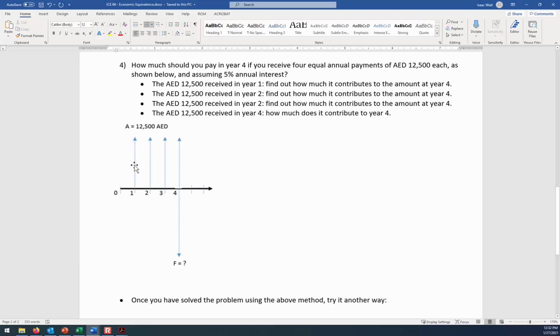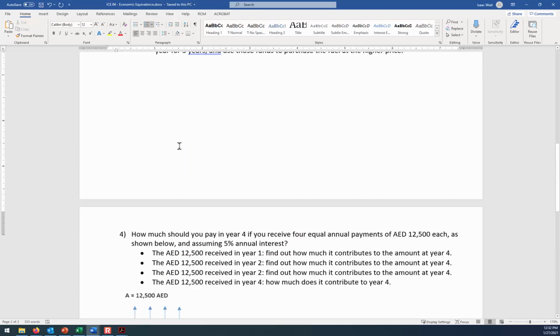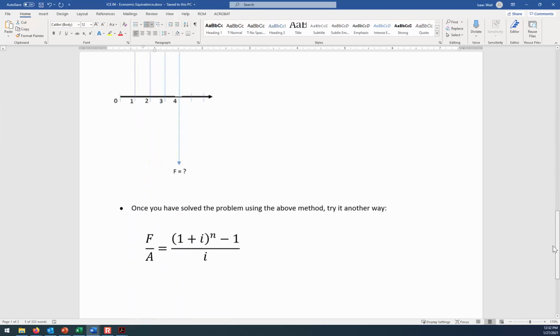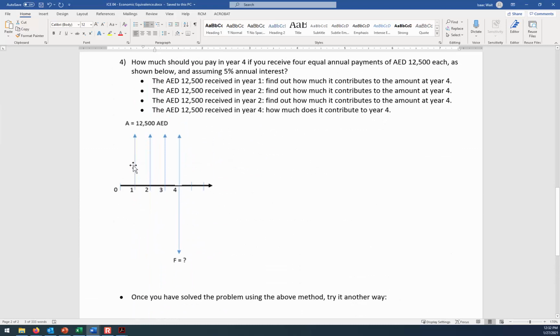So this amount in year 1 needs to move 1, 2, 3 years into the future, and you're going to use this formula to do it. You're going to find that single amount in year 1, and what is its equivalent if it compounds and therefore increases in amount to year 4. So it's a single amount that moves 1, 2, 3 years in the future.